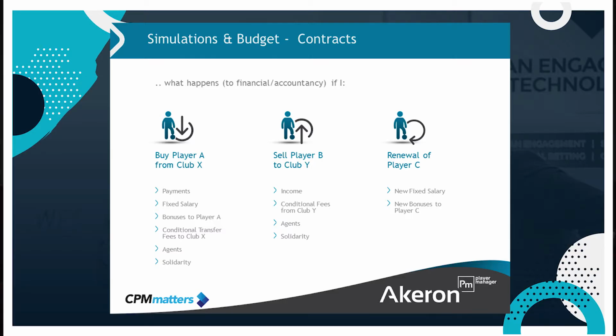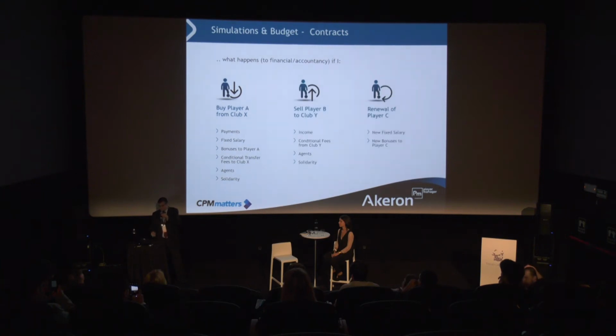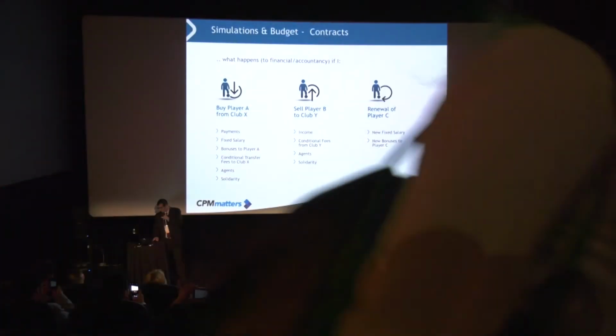For example, a very simple example about contracts: I can simulate and check what happens in my financial accountancy if I buy player A. So I have to enter all payments and fixed salary, the same as it would be in a real contract. Then I can sell player B or renew player C and so on. This is what I can do on contracts.